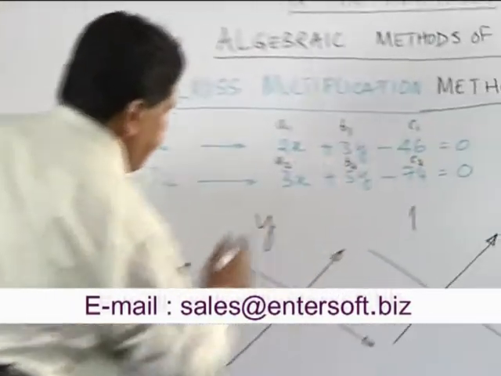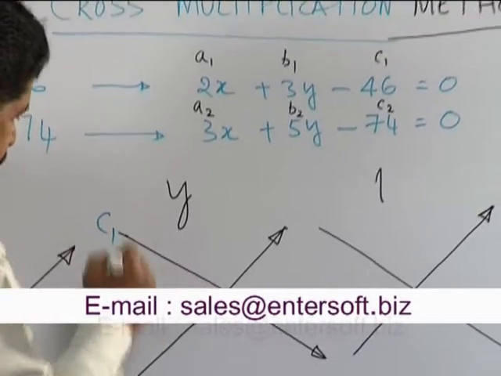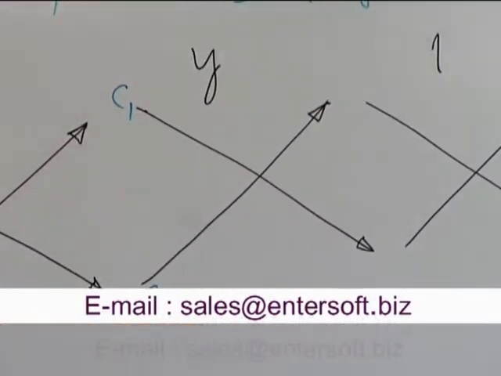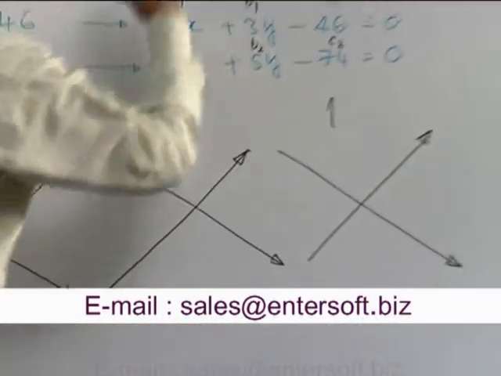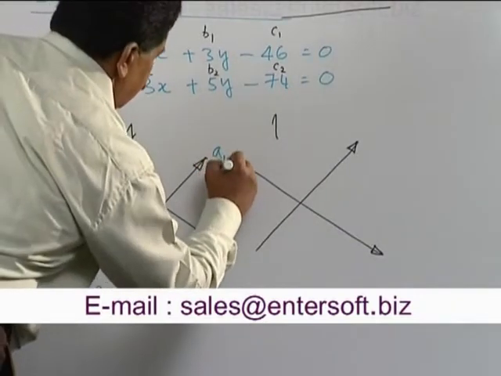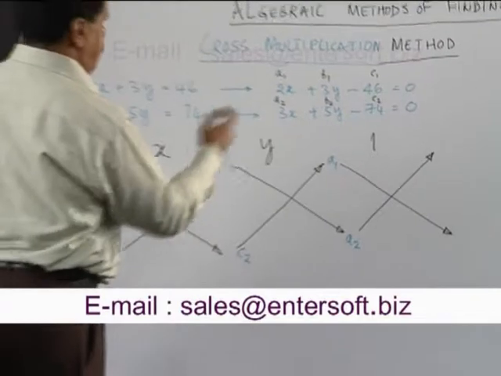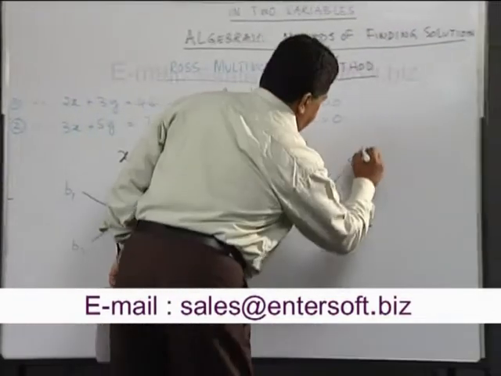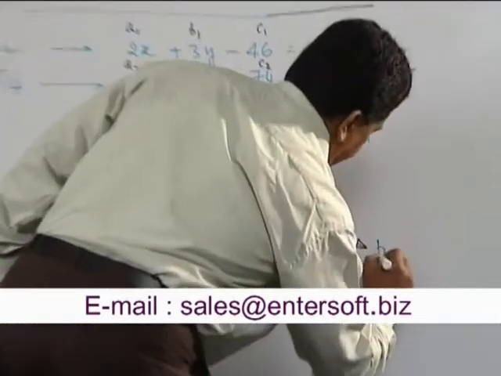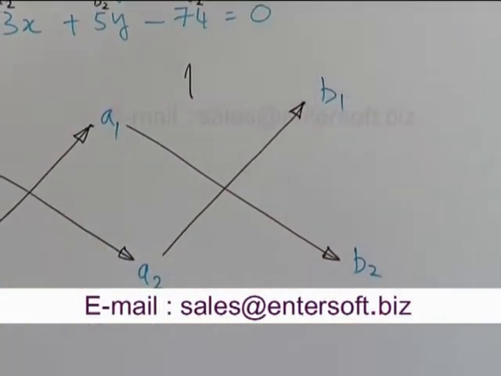What is the next set of variables? c1 and c2. What is the next set of variables? Come around here. a1 and a2. What is the next set of variables after a? Again you will get b1, b2. See, it is in a cyclic order. Please remember this.